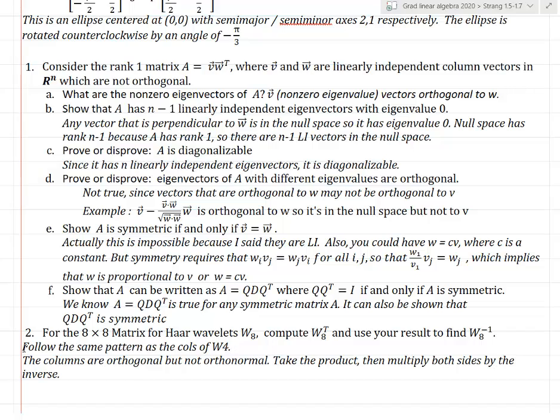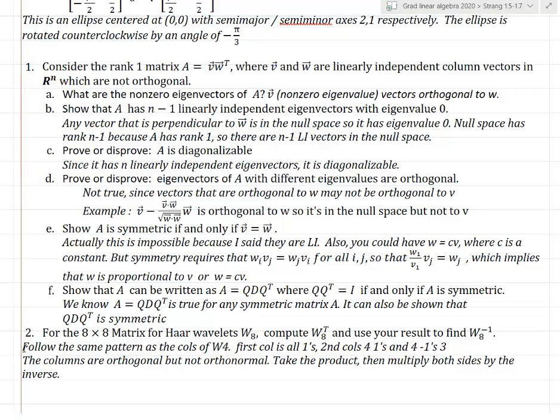So the first column is all ones. It's ones all the way down. The second column is half ones, half minus ones. It has 4 ones and 4 minus ones. Then the next column has 2 ones, 2 minus ones, and 4 zeros.